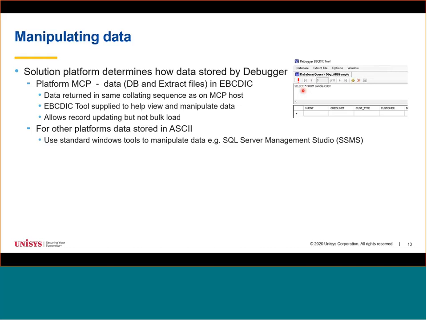As I said, if you're using MCP as the platform, your extract files are also in EBCDIC, so again, you can't use standard editing tools against those. So the EBCDIC tool has the ability to open and manipulate extract files as well.